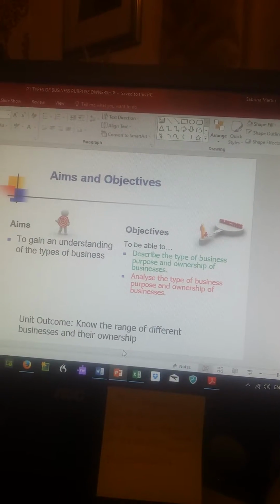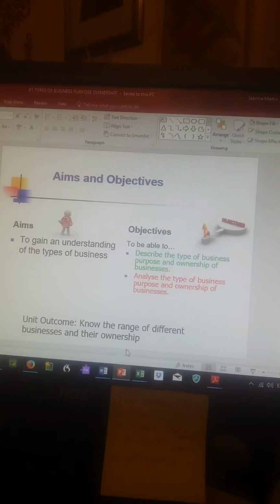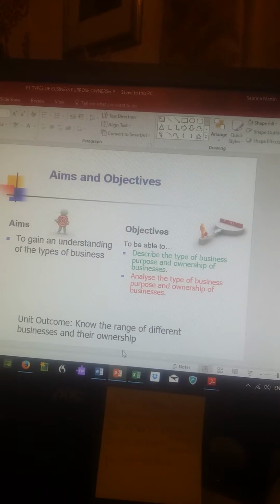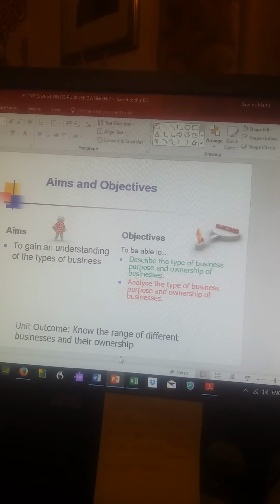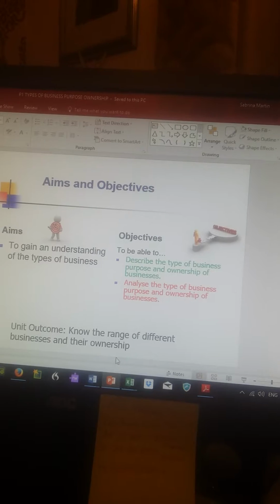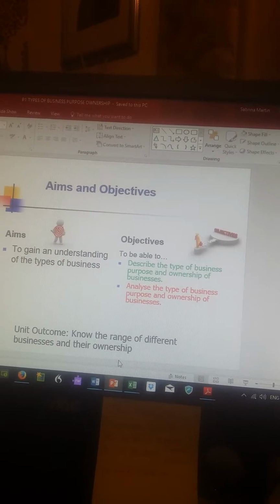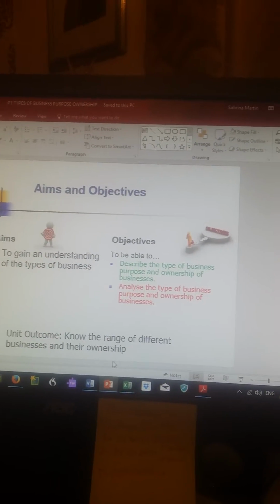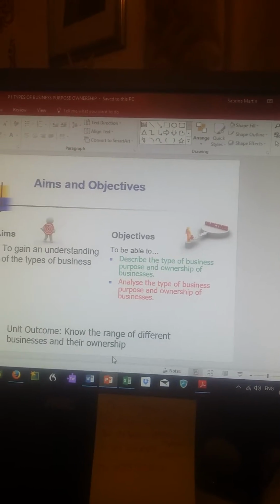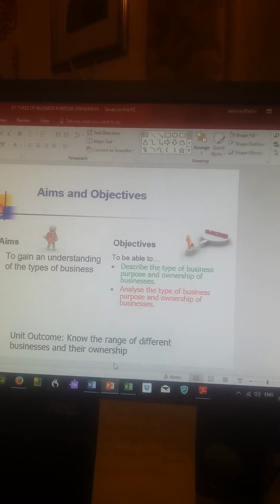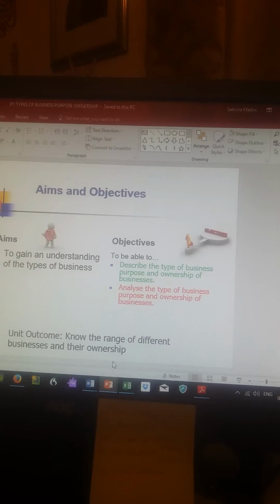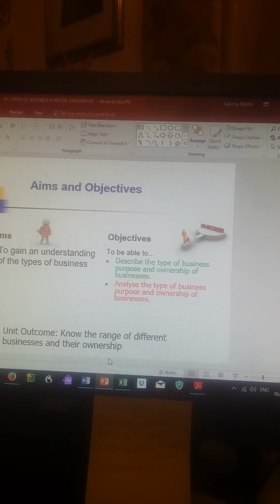Ordinary partnerships do not have limited liability, therefore they don't have that protection. Partnerships can rarely borrow or raise large amounts of capital. Business decisions may be very difficult and also slower because you need to consult the different partners and come to a decision.